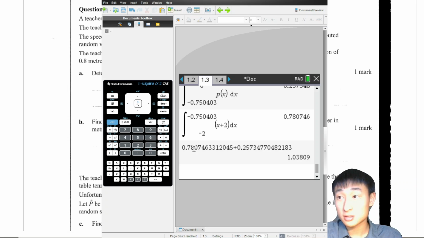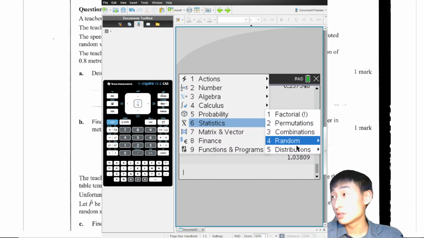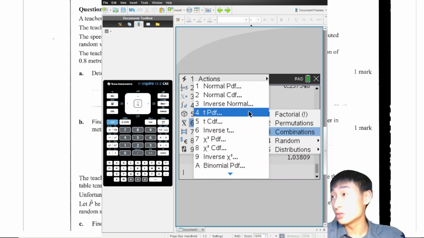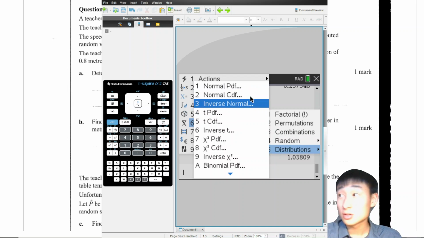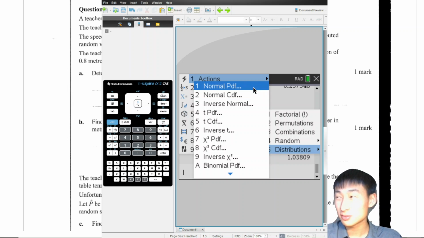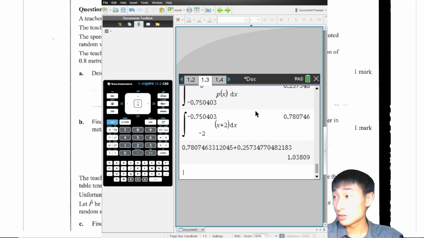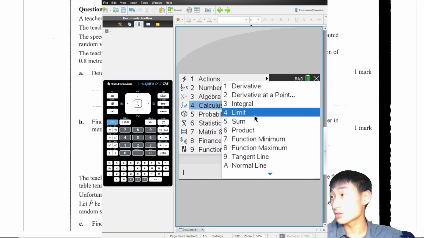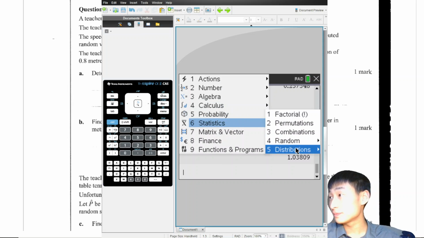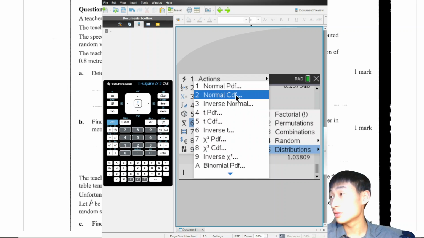Isn't this just menu, probability distributions, normal CDF, normal PDF. Sorry, I should really know this because I teach this. Normal CDF.